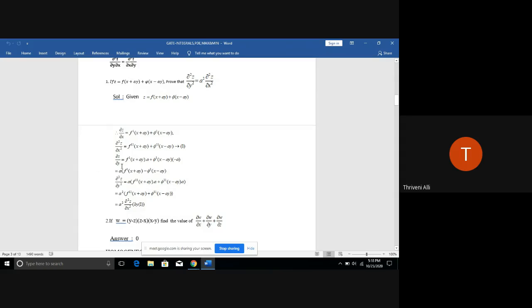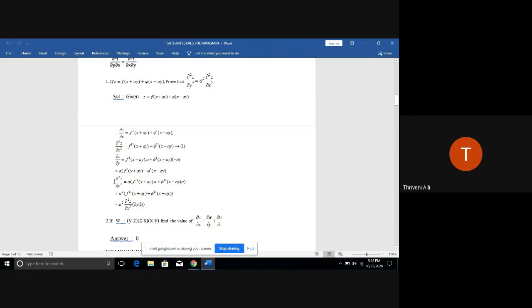Now dou z by dou y: we differentiate partially with respect to y, that is f dash of (x plus ay) into a, since the y coefficient is a, plus phi dash of (x minus ay) into minus a, since the y coefficient is minus a.